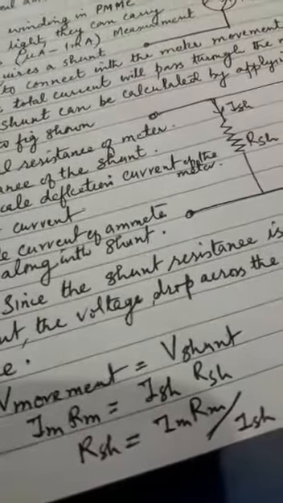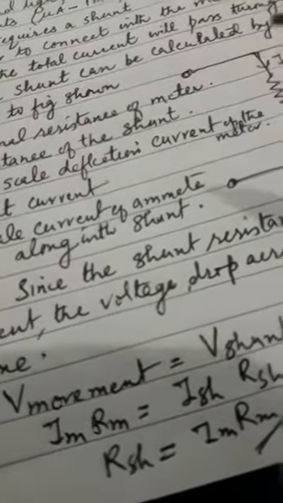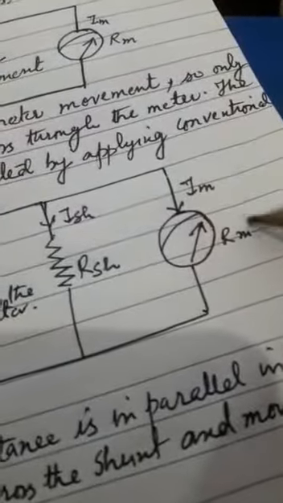When we connect this shunt resistor in parallel, we have V meter equal to V shunt, which means the voltage across the meter is equal to the voltage across the shunt.